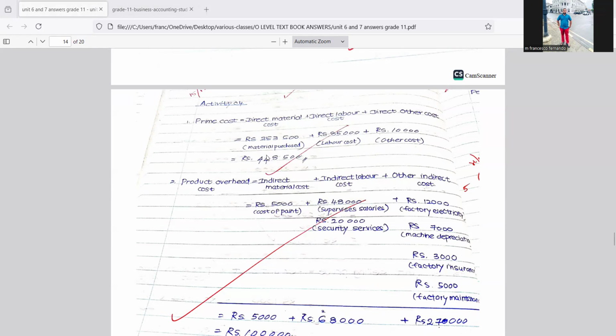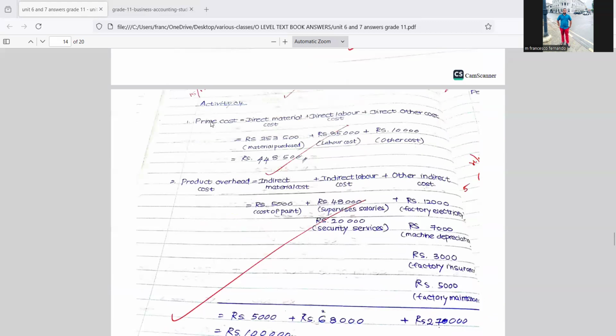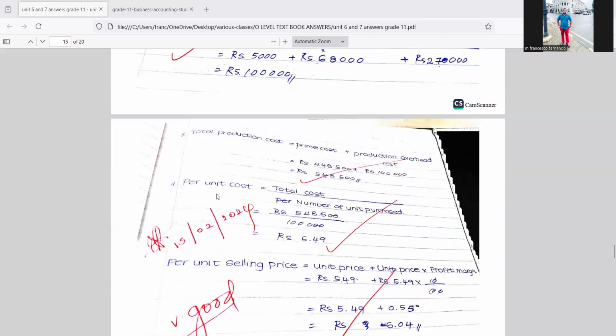So you can add cost of paint, supervisor salary, security services, factory electricity, machine depreciation, factory insurance, and factory maintenance. Then in order to find the total production cost, you can add the prime cost which you have calculated here with the production overhead cost.